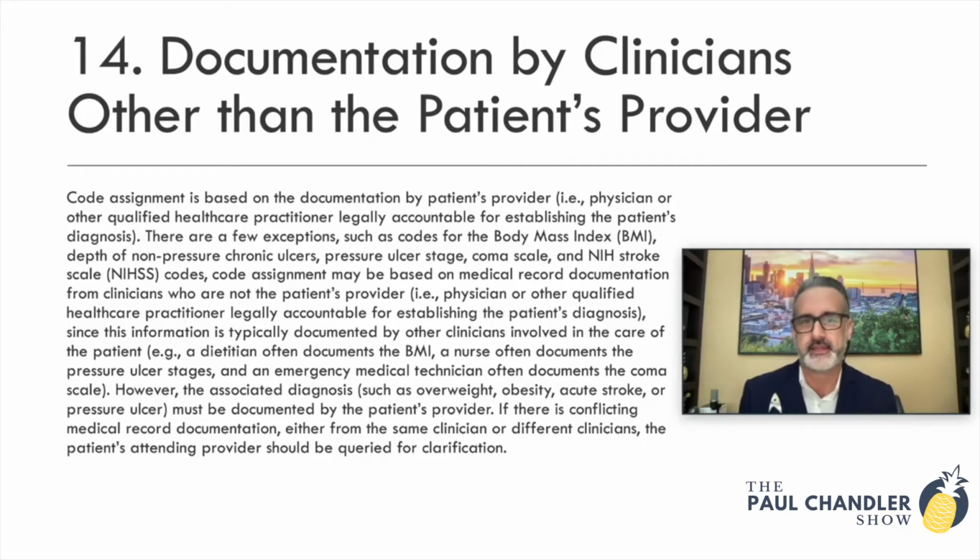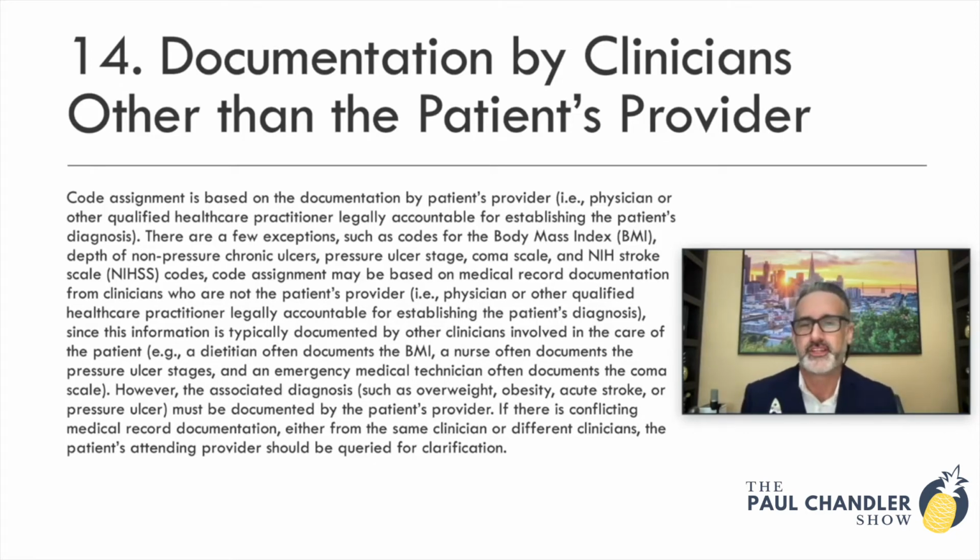For example, the BMI, the body mass index, the depth of a non-pressure chronic ulcer, pressure ulcer stage, a coma scale, the NIH stroke scale, or the NIHSS codes. Those codes assigned may be based on the medical record documentation from clinicians and not on the provider level itself.